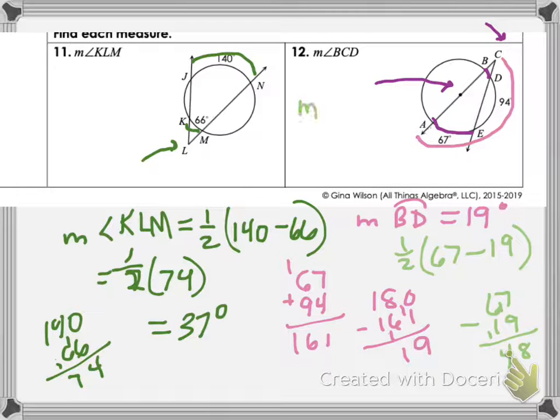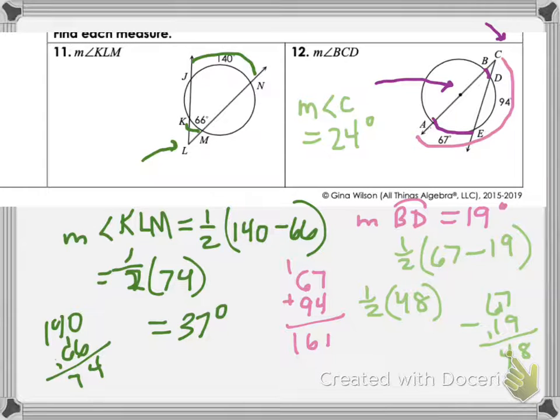So the measure of angle C is 24 degrees. I did not write that down because I was running out of room, so let me fix that here. What we did to find that angle was half of 48, which is basically 48 divided by 2, which is 24. That's how we got that.